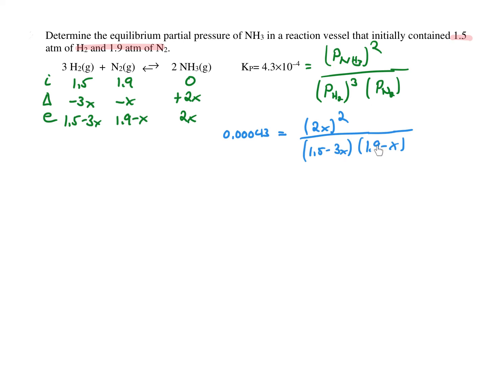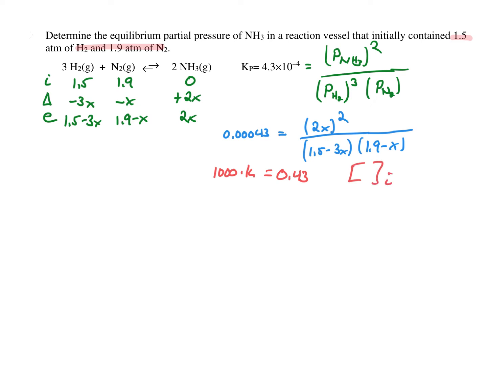When we solve for x, we're going to have to use the quadratic equation because this will result in a binomial unless we can make the approximation. So let's test. We're going to compare 1,000 times K, which is going to be 0.43, to our initial concentrations.